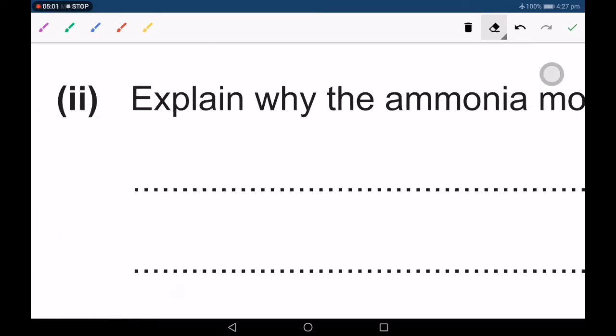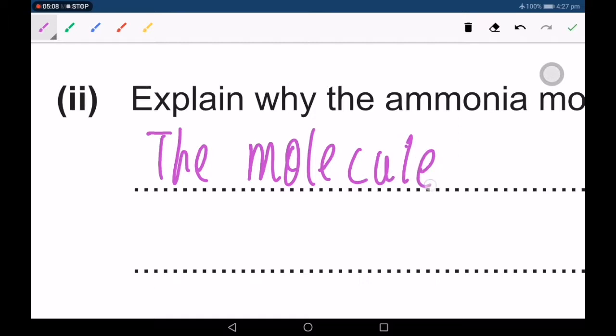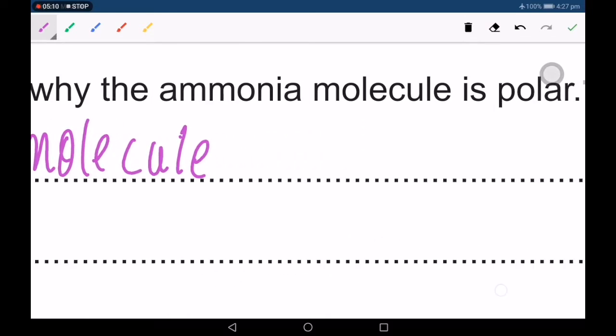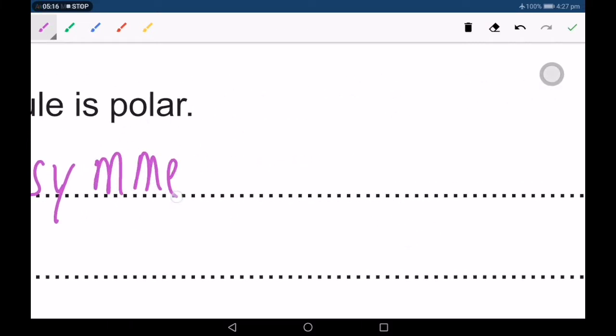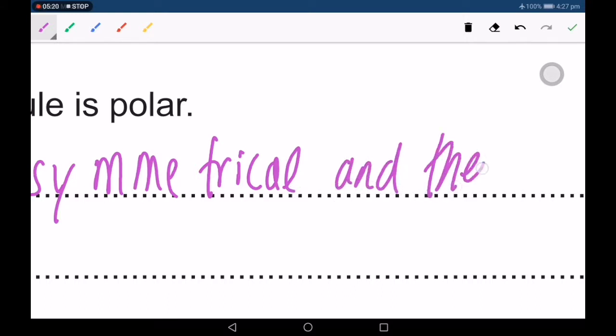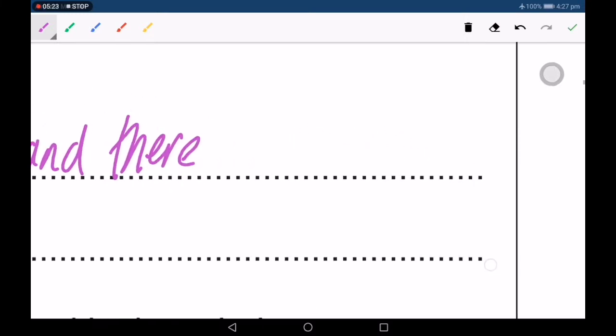So the molecule is not symmetrical, and therefore the dipoles do not cancel out.